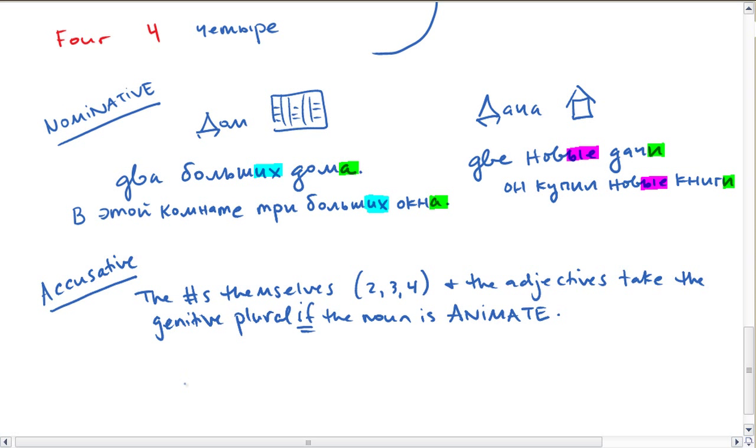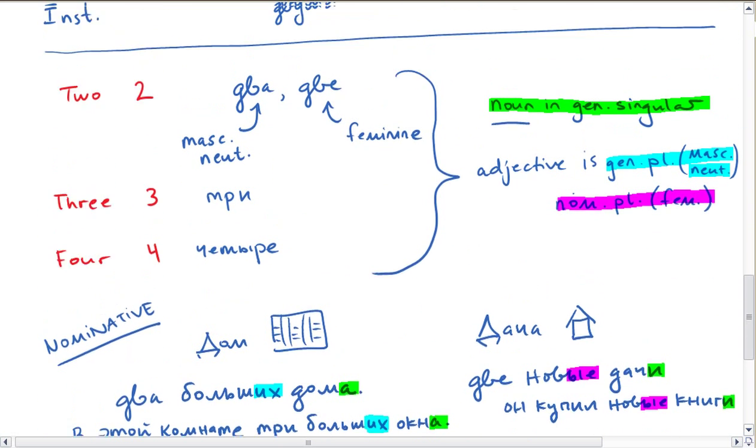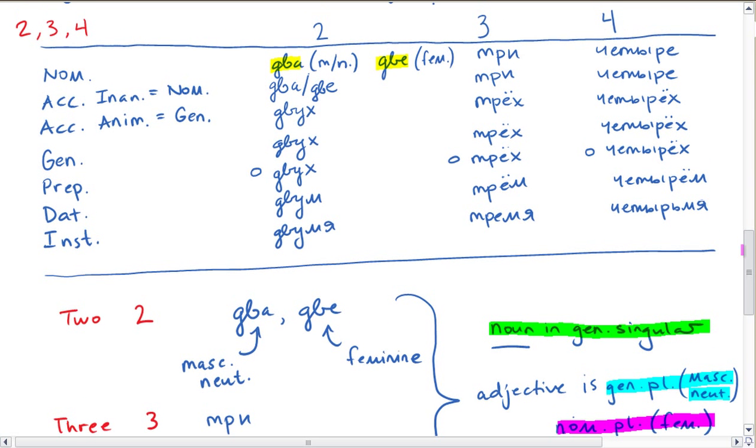So let's see. Мы видели двух мальчиков и трех девушек. So we'll see everybody's in the genitive plural. And you can refer back to this chart to see how 2, 3, and 4 decline, right?